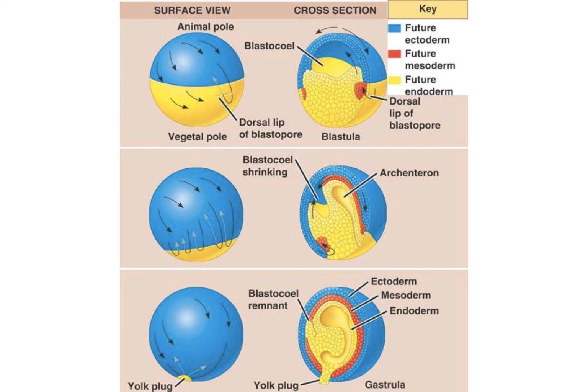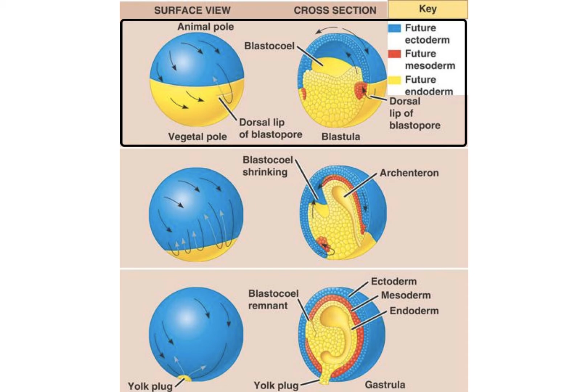But first, if you go back to the very beginning of animal development, you find that even in the egg cell, there's a differentiation between one part of the oocyte and another part. So it's called the animal pole and the vegetal pole.